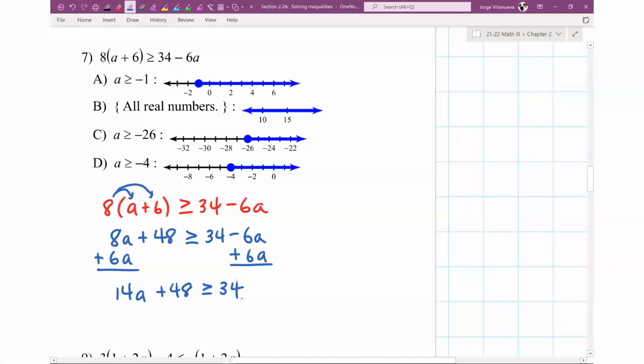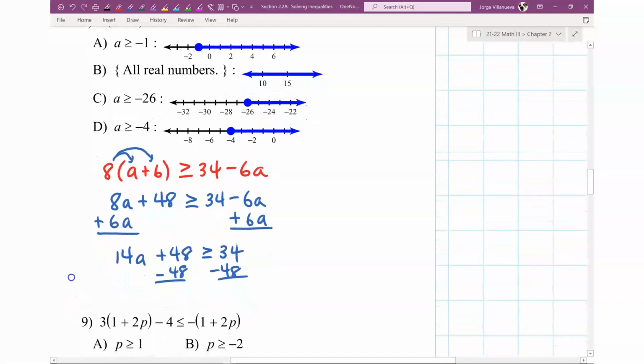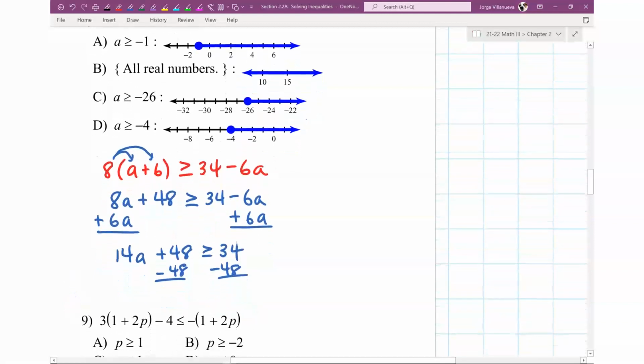All right, let's move that 48 over. So we subtract 48 on both sides. Okay? So I get 14a, because it's going to cancel. I get 14a greater than or equal to, what is that, a negative, it's not 26, 34. My brain is not functioning properly. Is that 26?